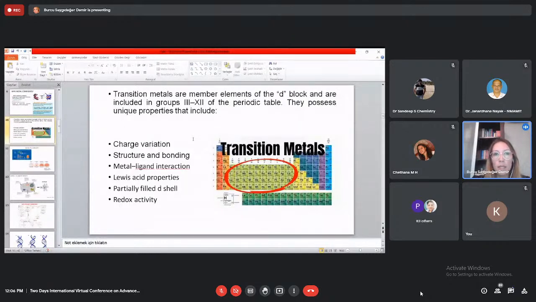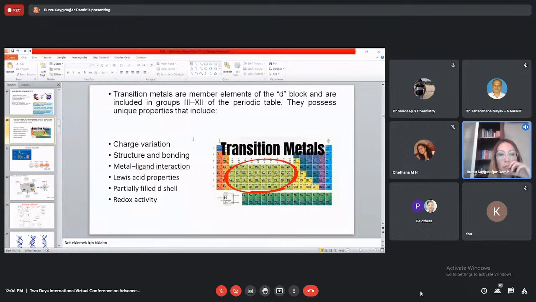Depending on the existing coordination environment, the charge can be modified to generate species that can be cationic, anionic, or neutral. Most importantly, they form positively charged ions in aqueous solution that can bind to negatively charged biological molecules.